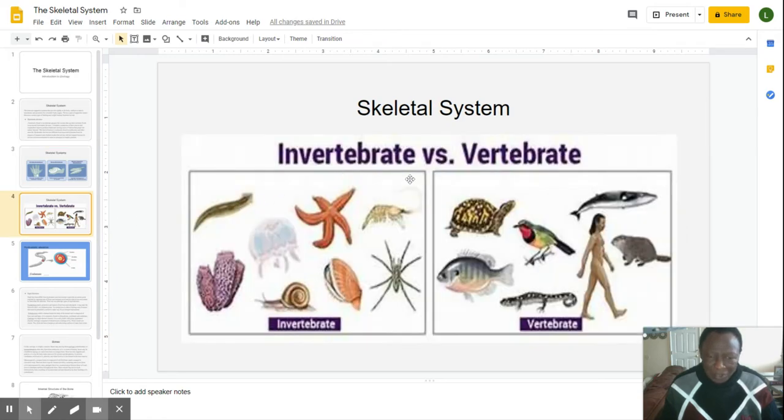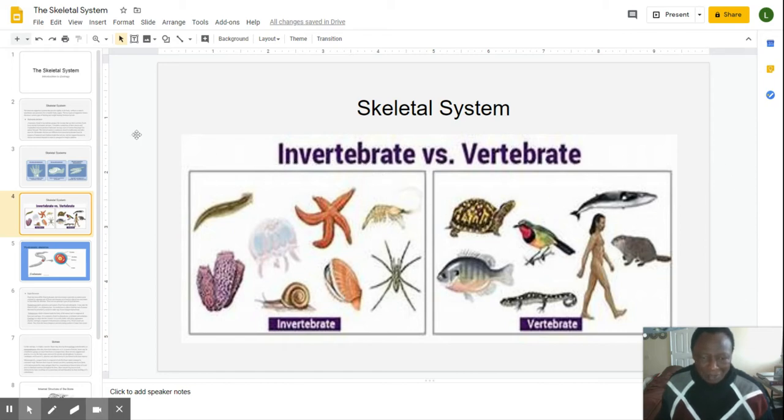First of all, in terms of skeletal supports, all invertebrates can be classified as having an exoskeleton, while vertebrates have an endoskeleton. Exoskeletons mean skeletons that are external to the body of the organism, while in vertebrates, the skeleton is internal. So this is exo and this is endo.